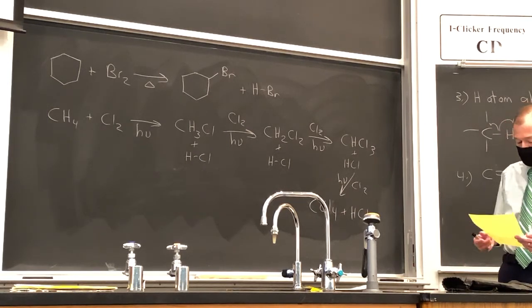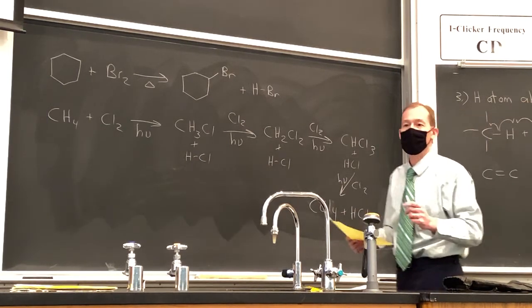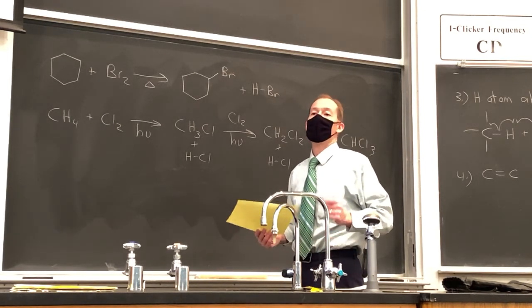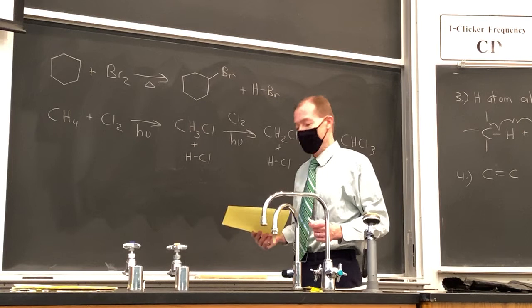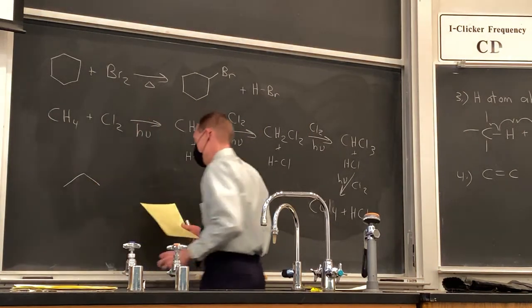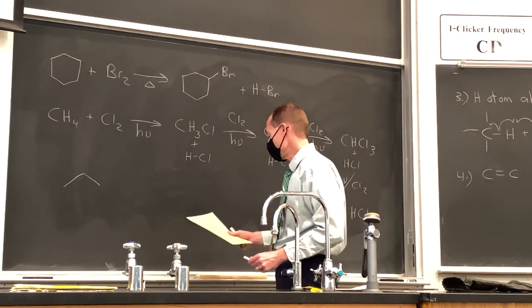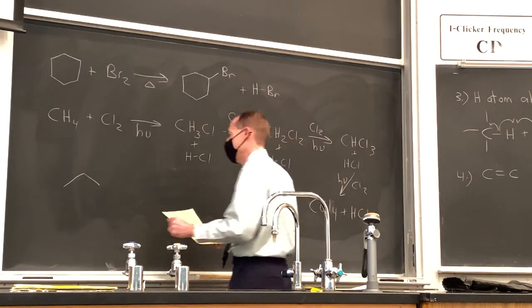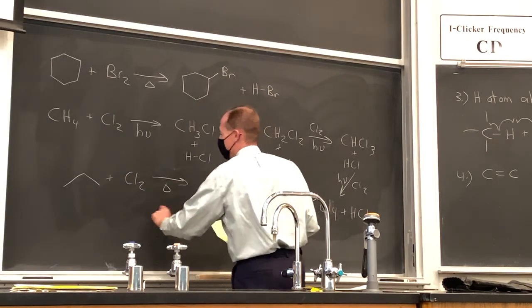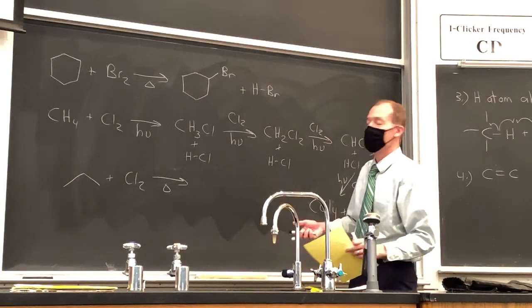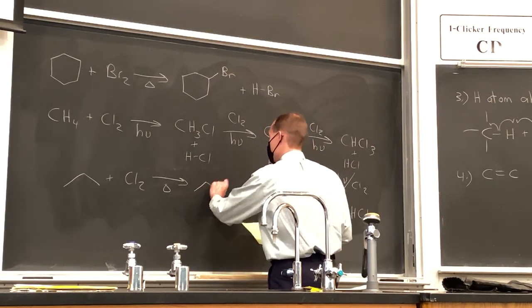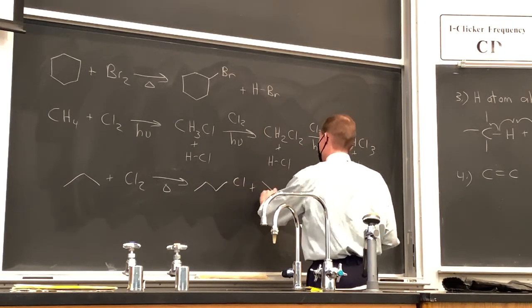Okay, but even if you're only having monohalogenation, there is more than one possible product if there is more than one type of hydrogen atom in your alkane. So here we have propane. We can react propane with chlorine. We have two different types of hydrogens in propane. And so we have two different products that can form.